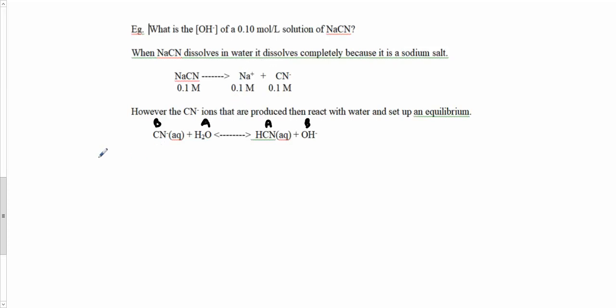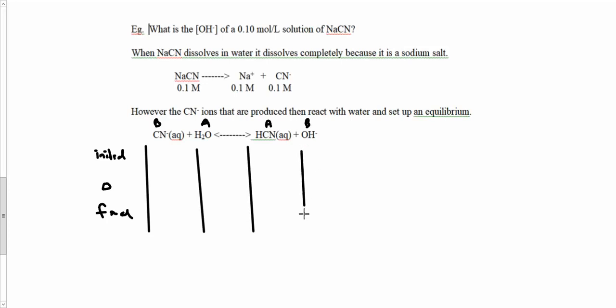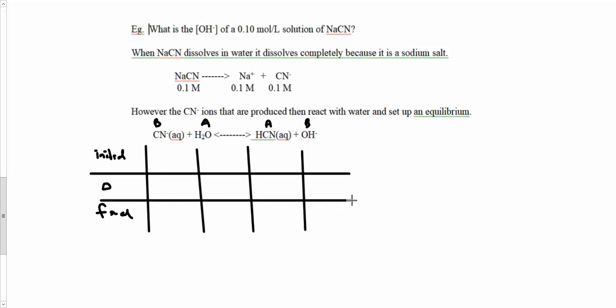So let's make our chart. I'll make my lines again. Initial concentration of CN- is 0.1.